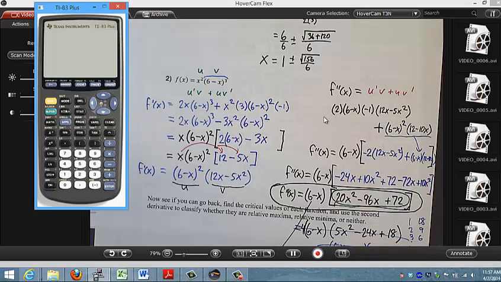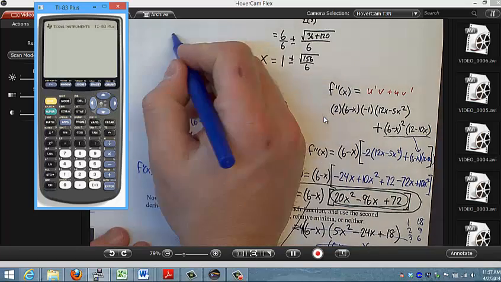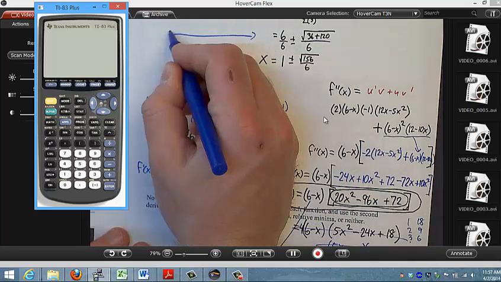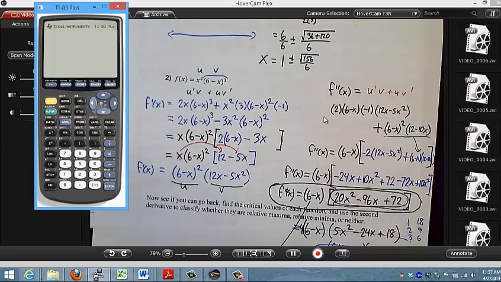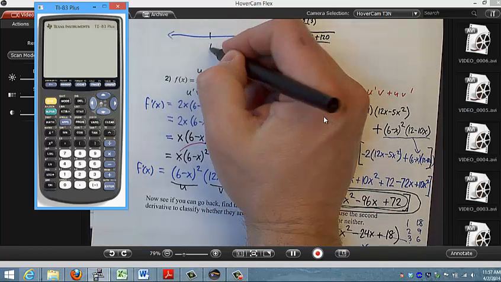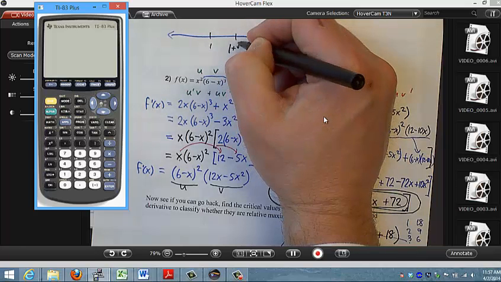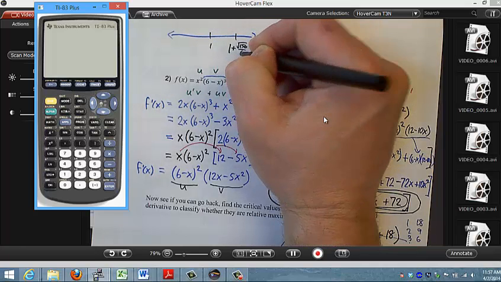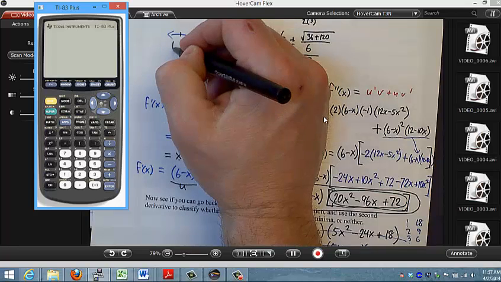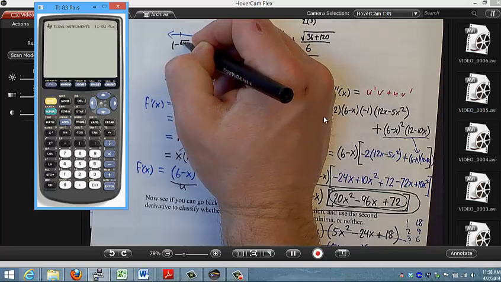So if you got things like that, I guess what I would know is there's how many critical values? 2, right? I'll put 1 on the thing. Here's 1 plus the square root of 156 over 6, whatever that is. And over here is 1 minus the square root of 156 over 6.